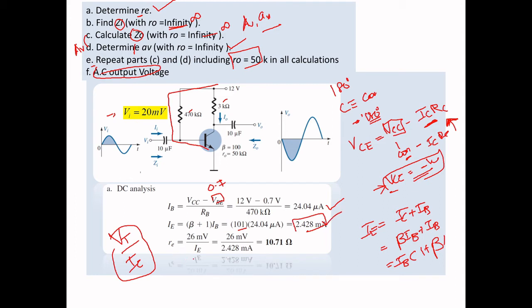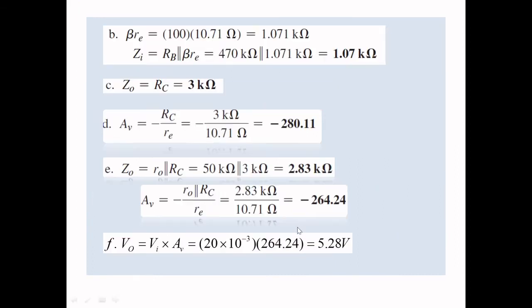Now I want to find RE, that is 26 millivolt divided by the emitter current. 26 millivolt divided by 2.428, you will get 10.71 ohms. You calculated that. Then we will go for finding beta RE because I want to find ZI.